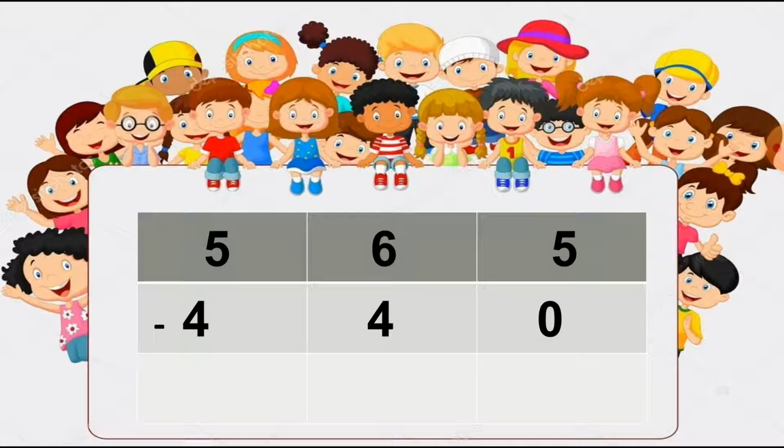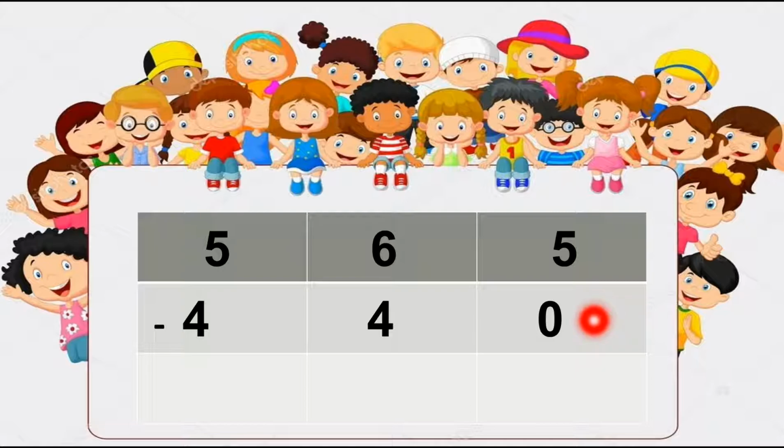565 minus 440. Just put the minus sign. This is complete. So let's start solving this sum with the ones column. The ones column is at the right side, which is 5 minus 0.